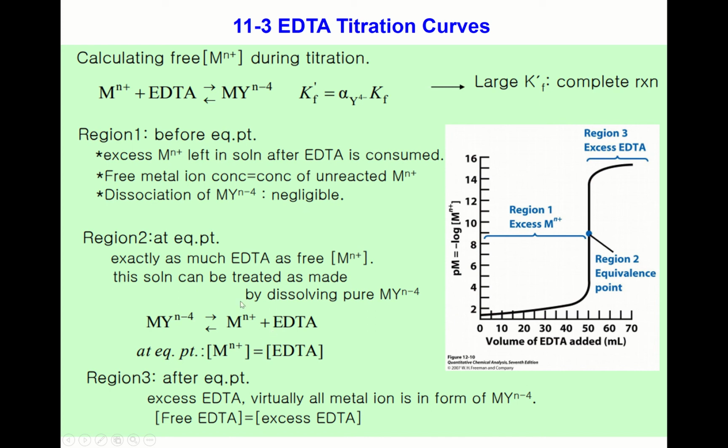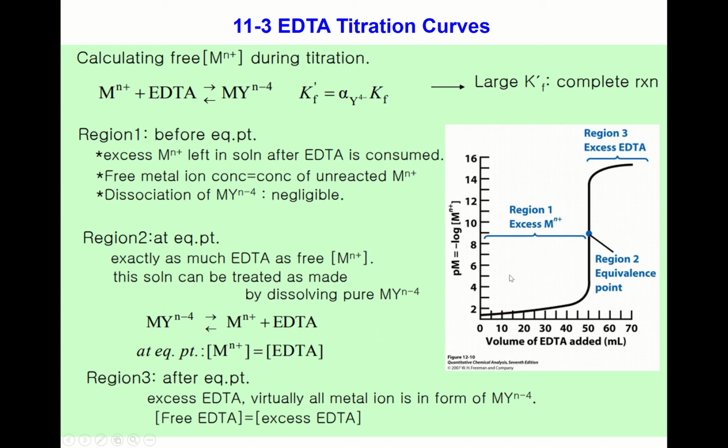What's the free metal ion concentration? We have to consider this reverse reaction. Although little, there are metal ions present in the solution. This dissociation of the complex gives free metal ions and free EDTA. Since it dissociates one to one, their concentrations are the same. Very easy.